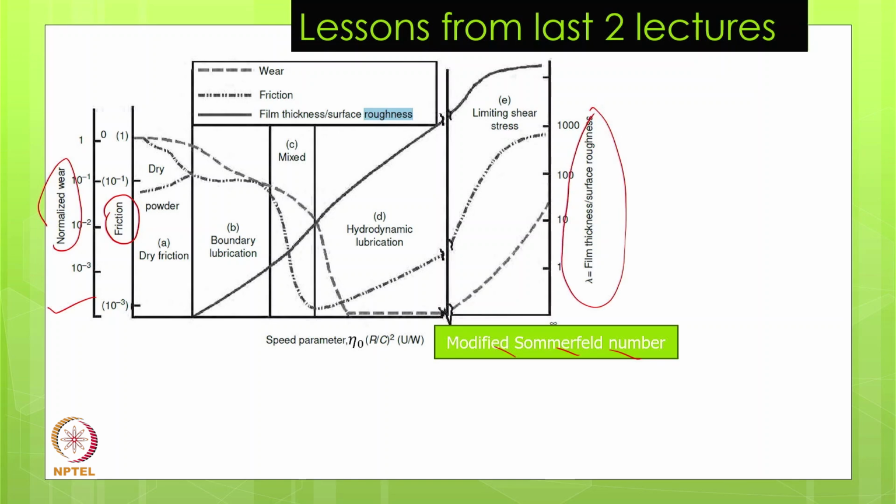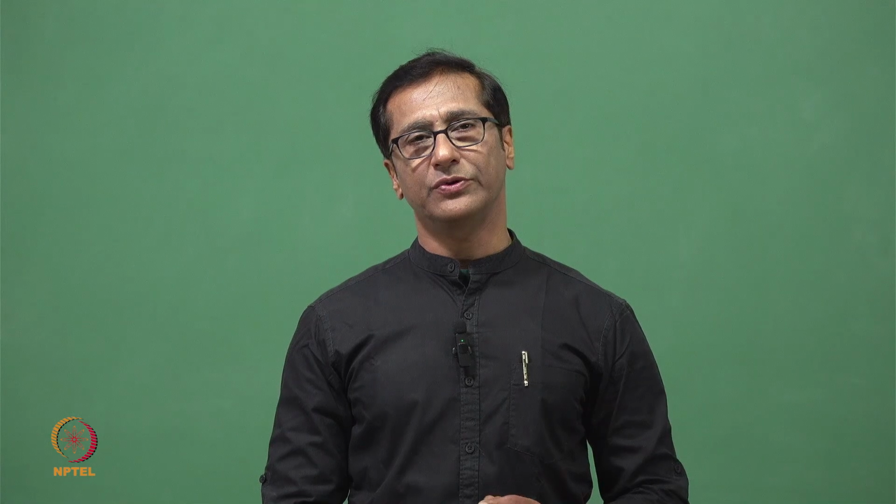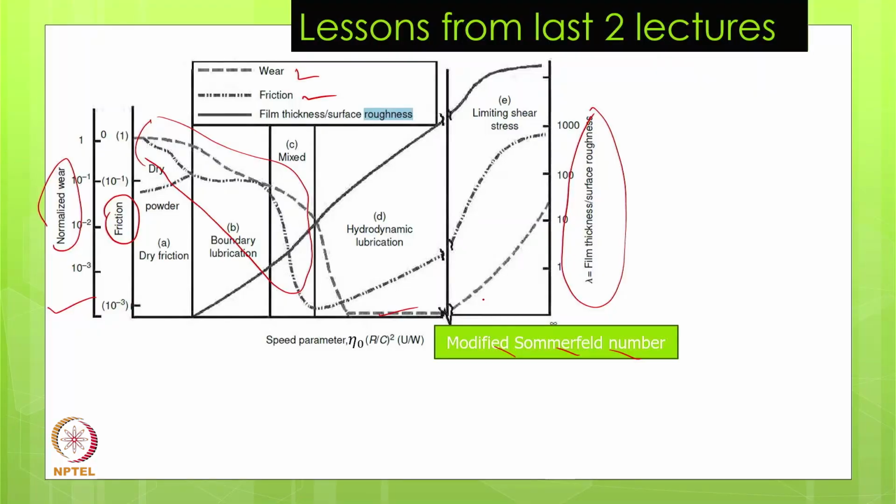It was shown very clearly that whenever there is a hydrodynamic region, then only do friction and wear differ; otherwise they follow almost a similar kind of trend. However, this may hold in only a few particular cases, but in the hydrodynamic domain wear becomes almost zero and friction increases. So we need to really understand and think about alternative solutions to minimize energy consumption.